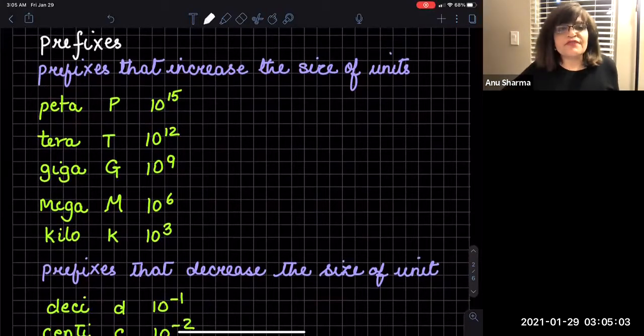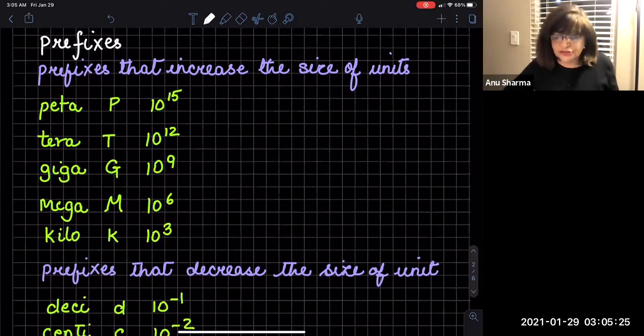Okay, so prefixes signify whether a number is a big number or a small number. So it's kind of giving value to the units. Okay, so the larger ones will be kilo, mega, giga, and tera.